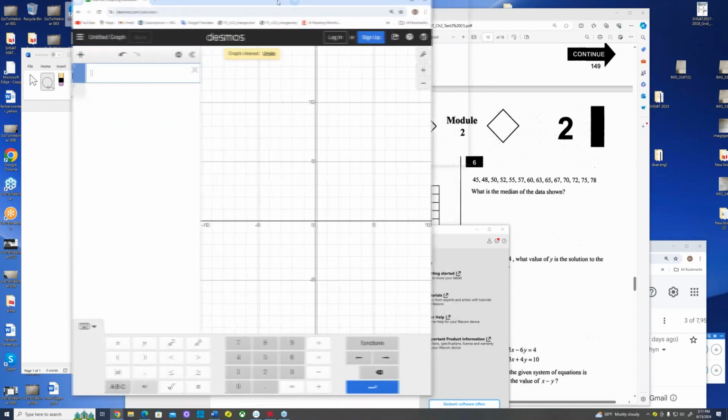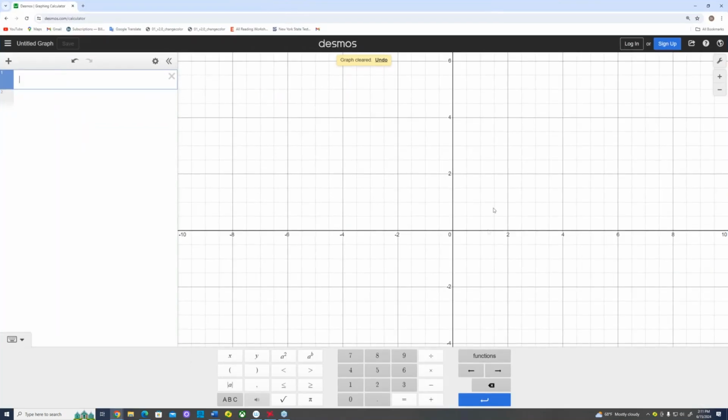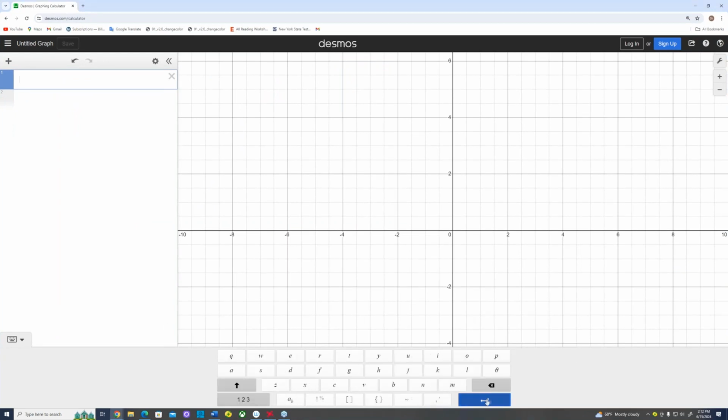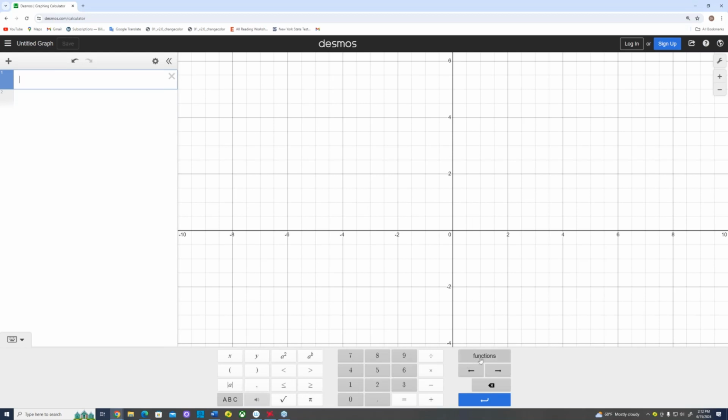Look at this. When you click Desmos, you have functions, and this is very convenient.